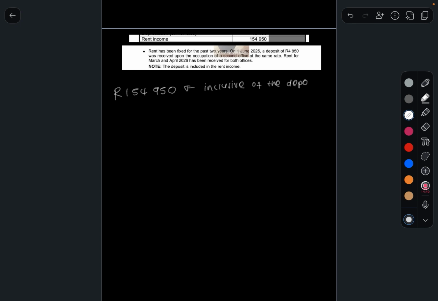What do we do now? We're going to subtract this deposit immediately because this deposit won't let us find the exact amount that these two offices are worth, right, in terms of rent. So the first thing we do, we're going to say 154,950 minus 4,950.